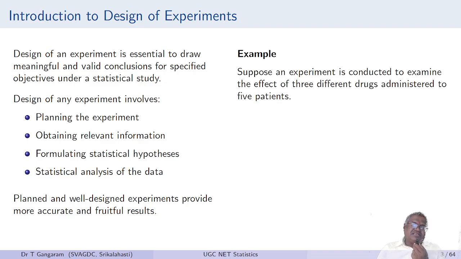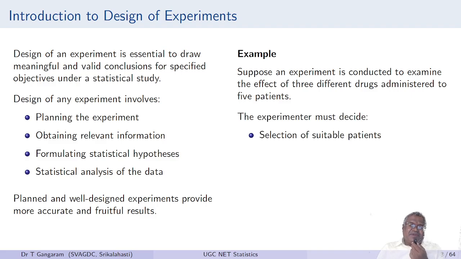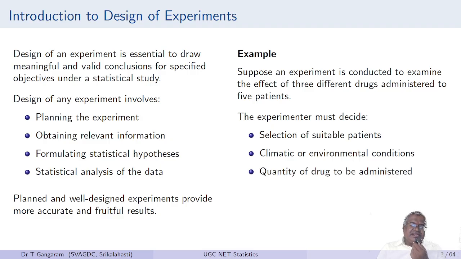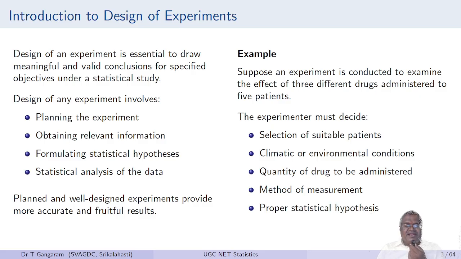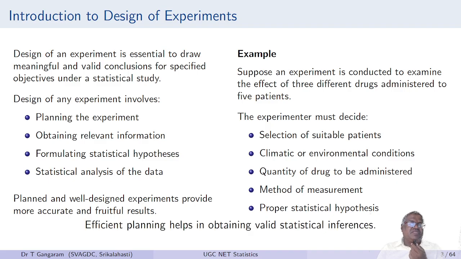Suppose an experiment is conducted to examine the effect of three different drugs administered to 5 patients. The experimenter must decide the selection of suitable patients, climatic or environmental conditions, quantity of drug to be administered, method of measurement, and proper statistical hypothesis.